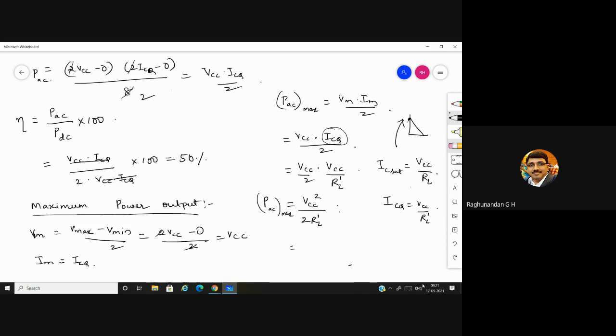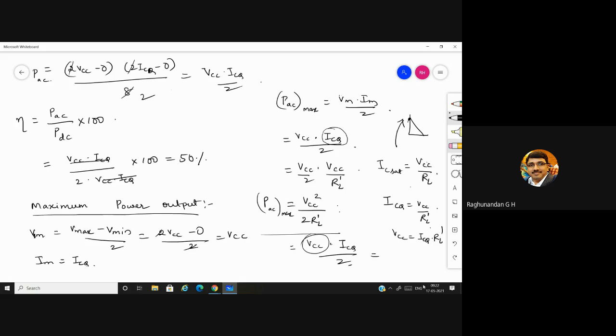I don't want VCC square, I want ICQ. How will you write it? We take the same equation, VCC into ICQ by 2, and since ICQ is equal to VCC by RL dash, VCC will be equal to ICQ into RL dash.